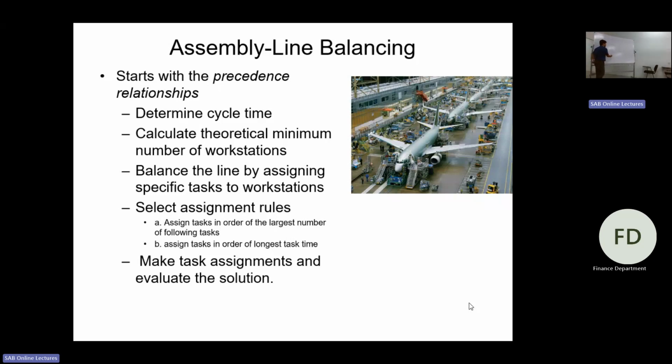So the only feasible task is D. Are you following me? Can you understand that logic? So only D is feasible, so we assign D there. After assigning D, we had 7 minutes remaining, and now we have 3 minutes.